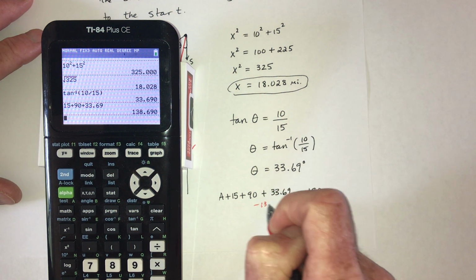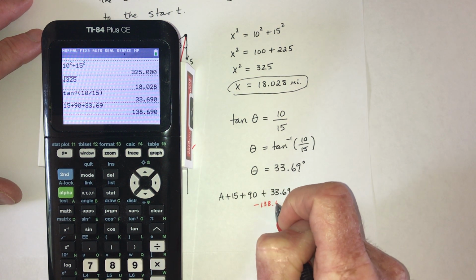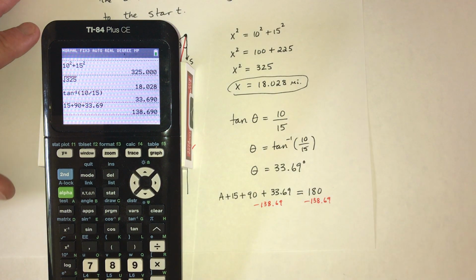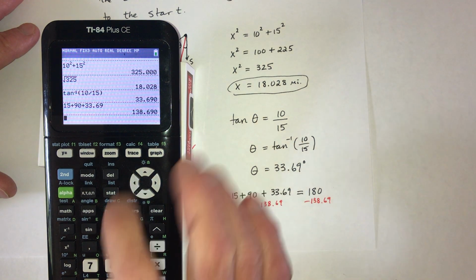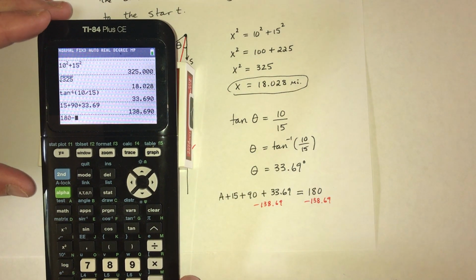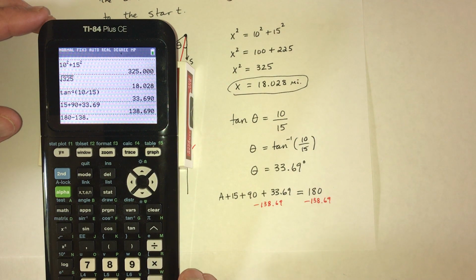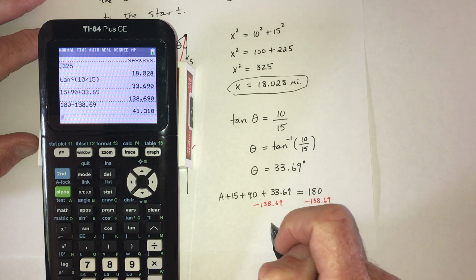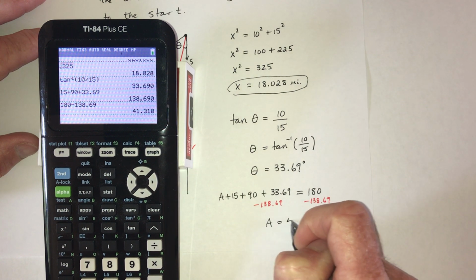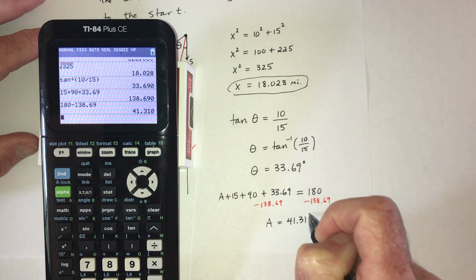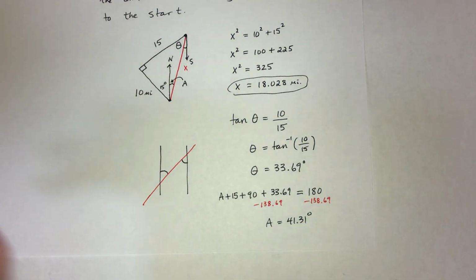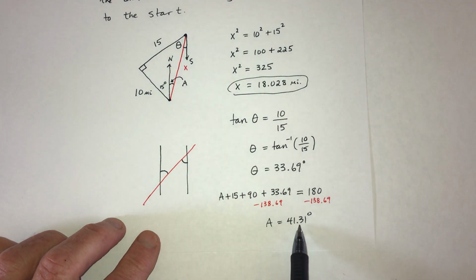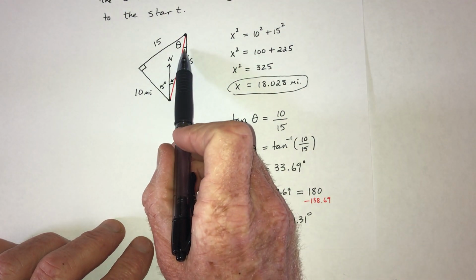Then subtract 138.69 from both sides. So 180 minus 138.69, it's 41.31. So A equals 41.31. So this angle equals 41.31, which means that angle is as well.